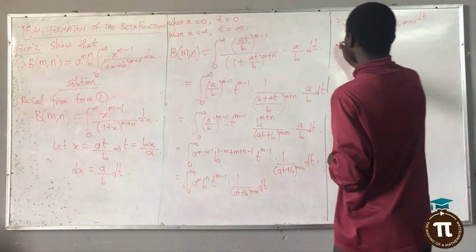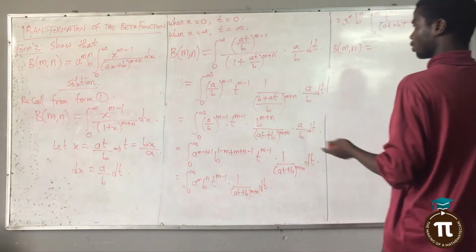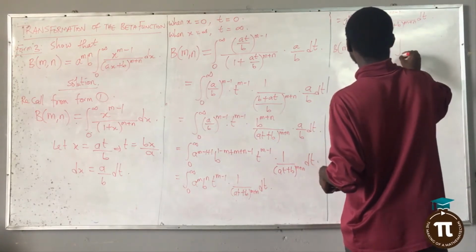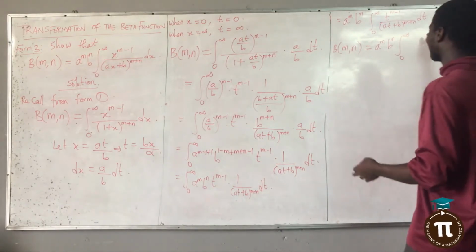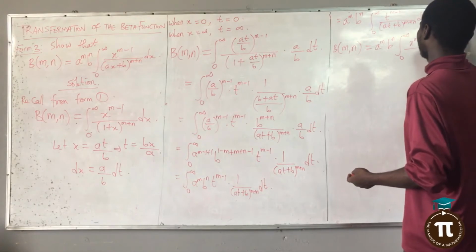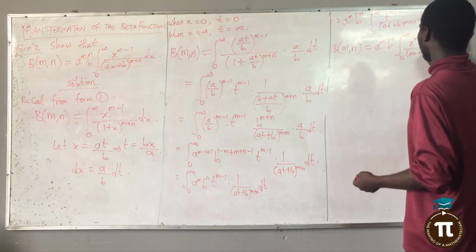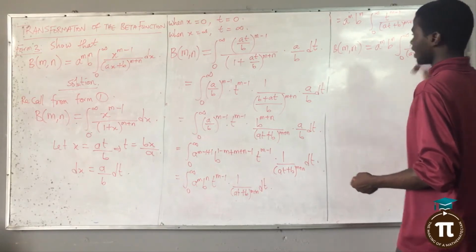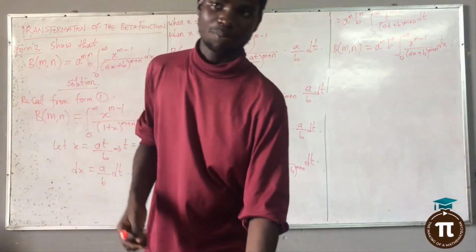So beta of m comma n will be equal to A raised to the power of m, B raised to the power of n integral from 0 to infinity. I told you T is a dummy variable of the integral. I can change it to x to the power of m minus 1 all over ax plus b raised to the power of m plus n dx. And that is what we have proved.